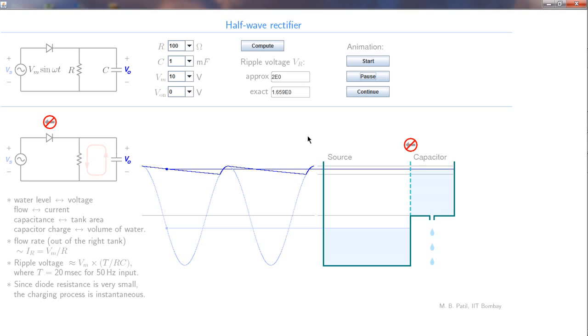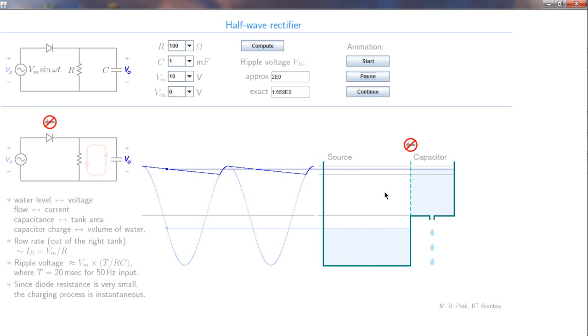So let us now relate what is happening in this picture to our actual circuit. So there is this source. It's like an artificial tank. There is no such tank in nature. And its water level goes up and down. It just keeps going up and down forever, just like the source here.